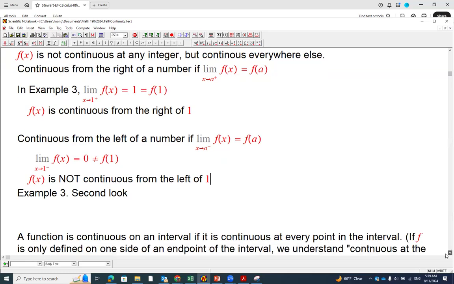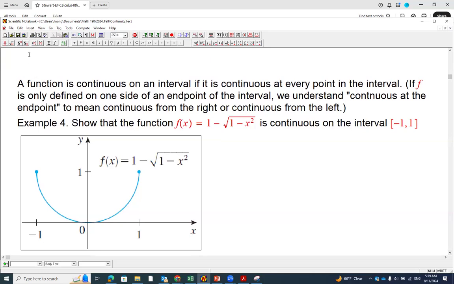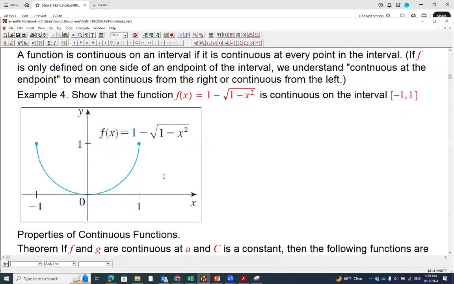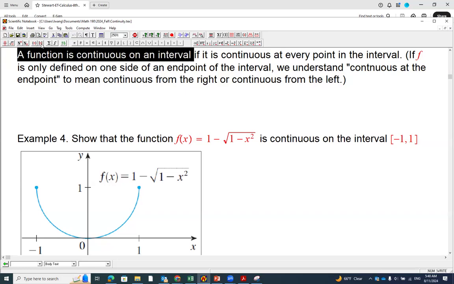Next, we're going to introduce another definition, about what it means for a function to be continuous on an interval. What does it mean for a function to be continuous on an interval?